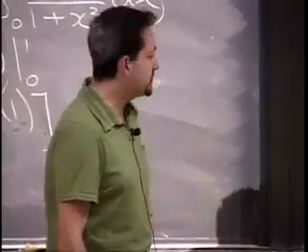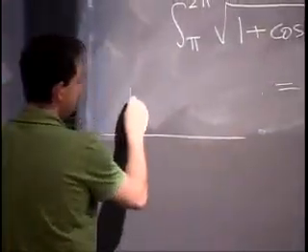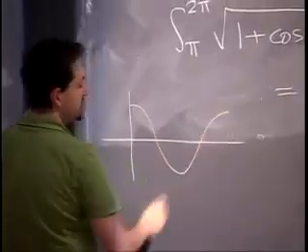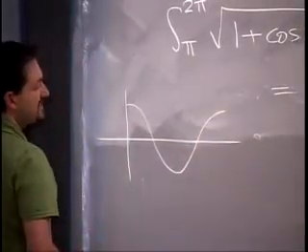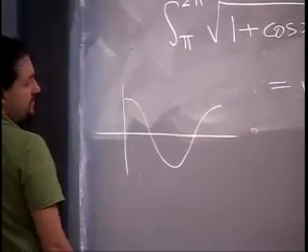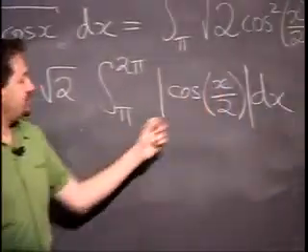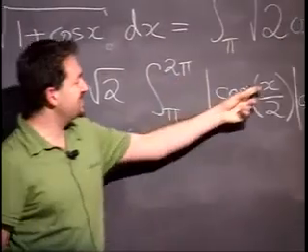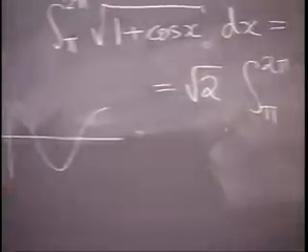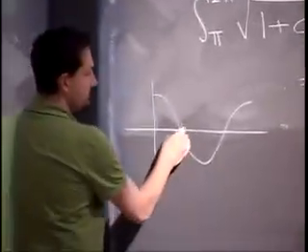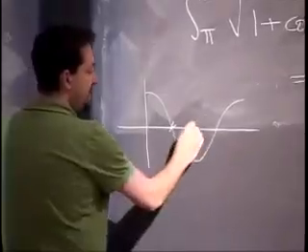Now, this is not so bad, because if you draw the graph of cosine x, it looks like this. Actually, for the graph of cosine x over 2, if you think about it, we're going x from pi to 2 pi, so x over 2 actually goes from pi over 2 up to pi.